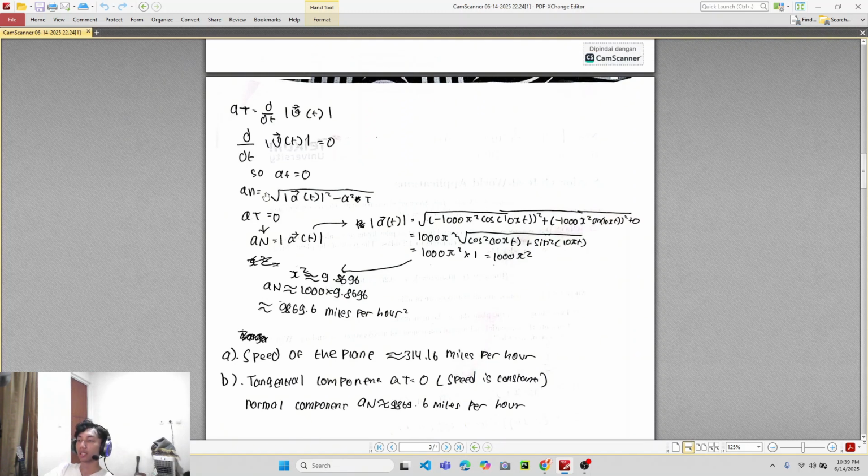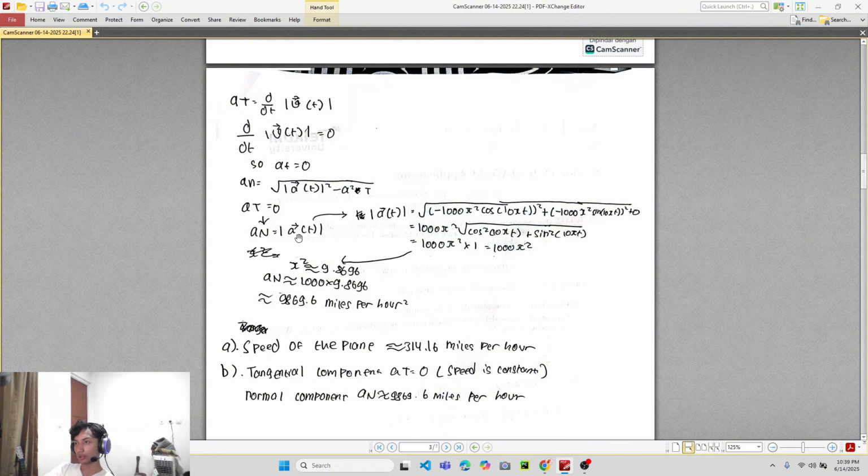So a_N, no, my bad. So a_N is the square root of the magnitude of a squared minus a_T squared. So a_T is 0, right? So a_N is equal to the magnitude of a, or the norm, you could say. So the square root of (-1000π² cos 10πt) squared plus (-1000π² sin 10πt) squared plus 0.